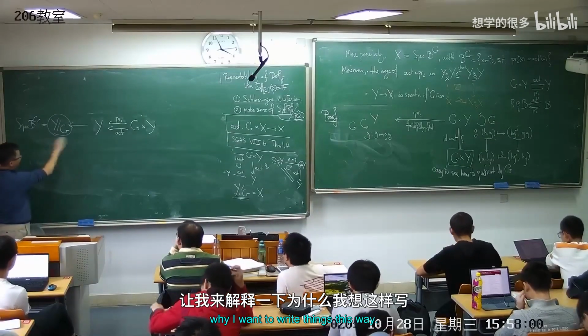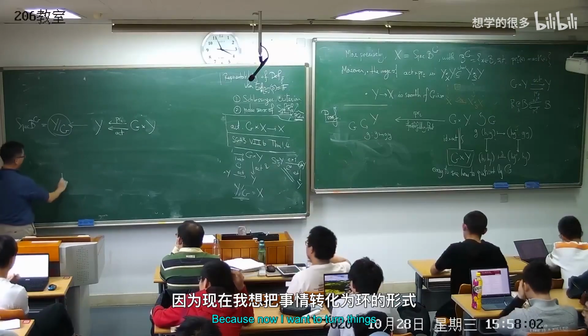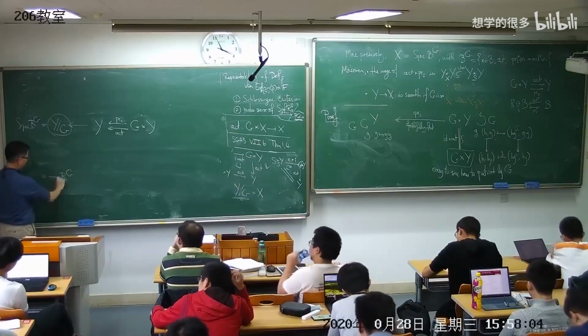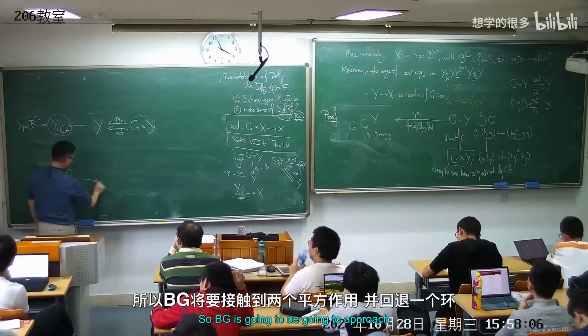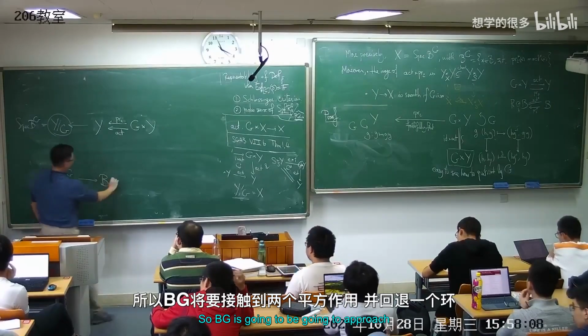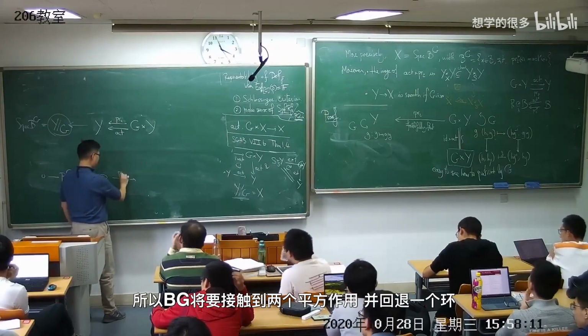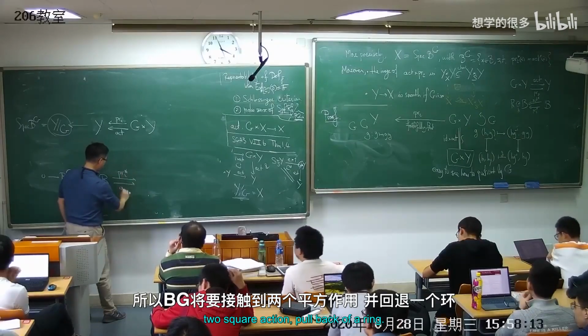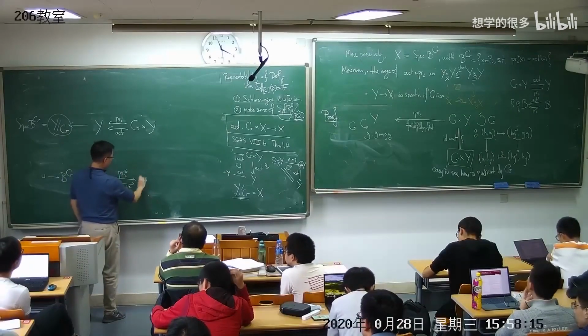Maybe let me explain why I want to write things this way. Because now I want to turn things into rings. So BG going to B, going to proj 2, square, action pullback of sort of ring.